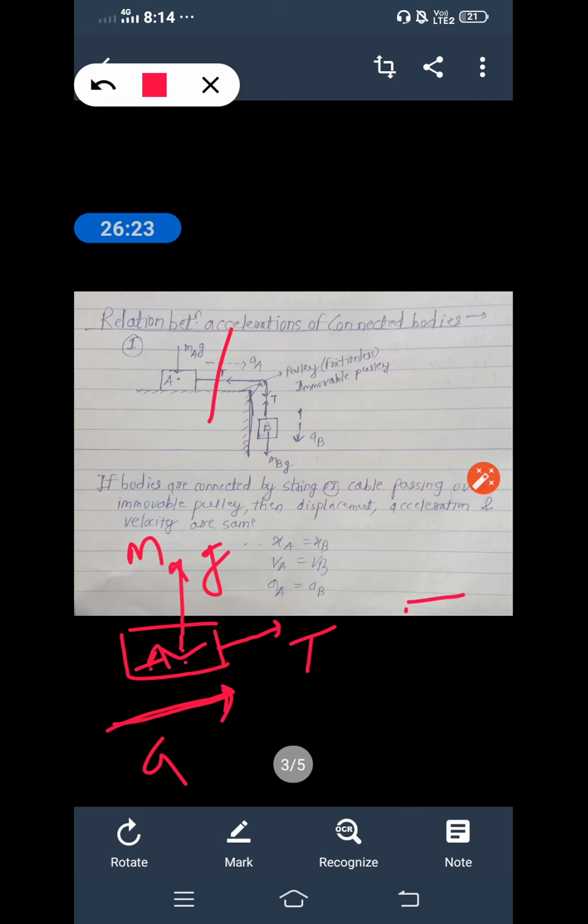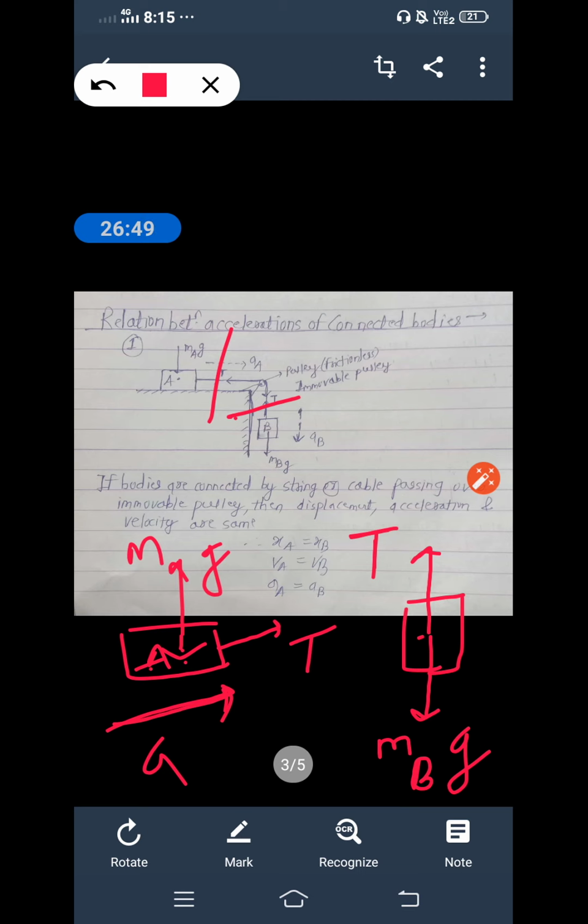Suppose your block B is here. First is the self weight of that block, that is mass of the block times acceleration due to gravity. Next, once you cut this string, a tension T gets developed, and the direction of T is vertically upward.